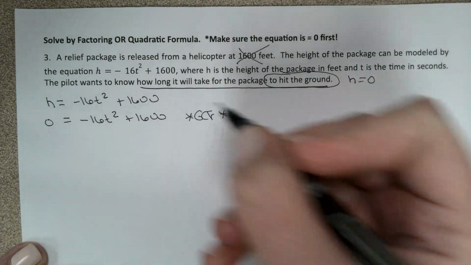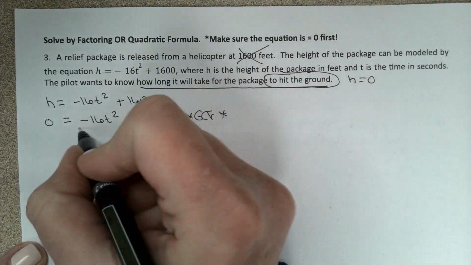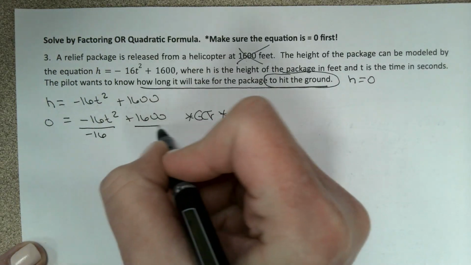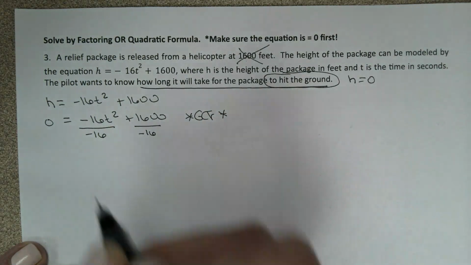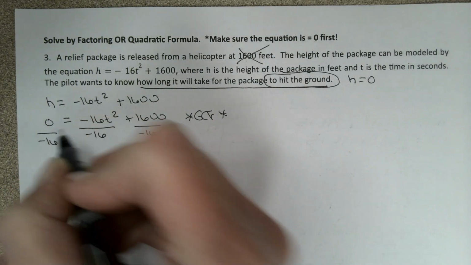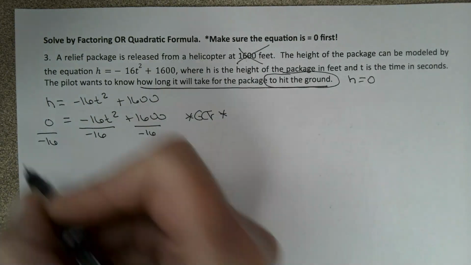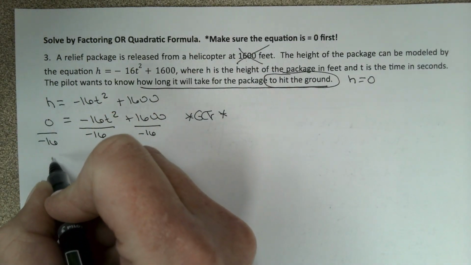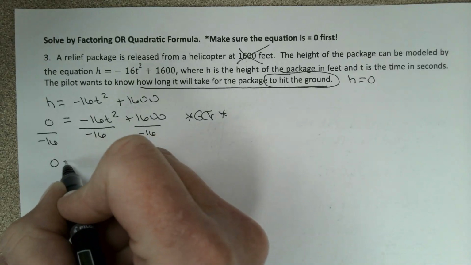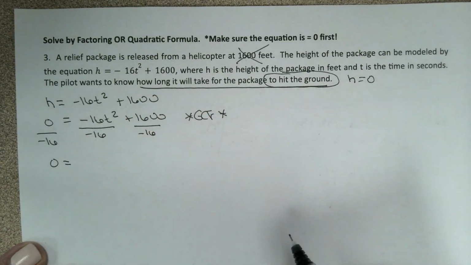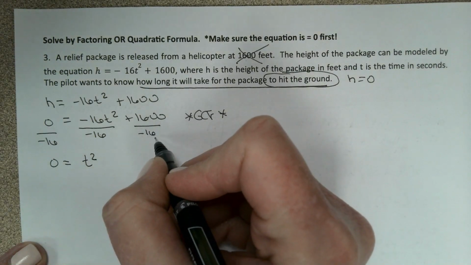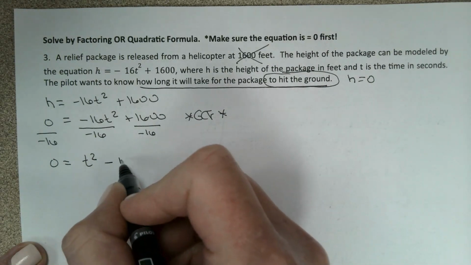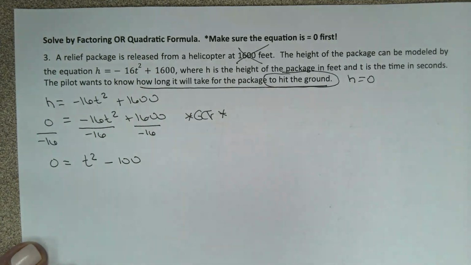Sorry, I forgot what was happening. I'm dividing every single term by negative 16. 0 divided by negative 16 is 0. That divided by that is t squared. 1600 divided by negative 16 is negative 100.